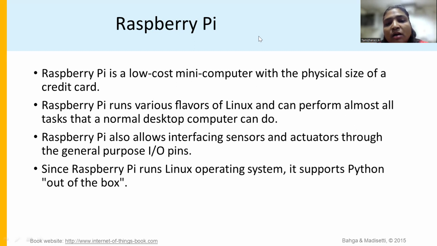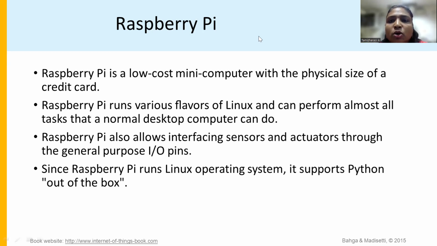You can use the Linux platform, and the Raspberry Pi supports Python. You can run code in Python and perform all the programming logic using the Raspberry Pi. So this is the introduction of Raspberry Pi.